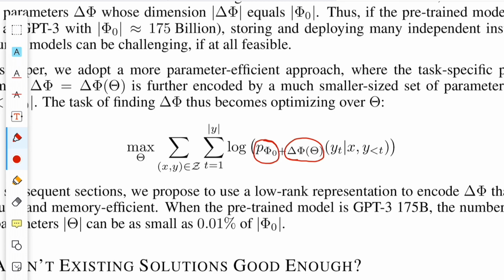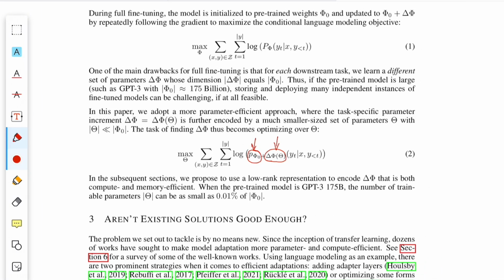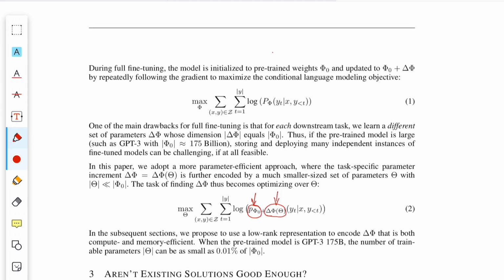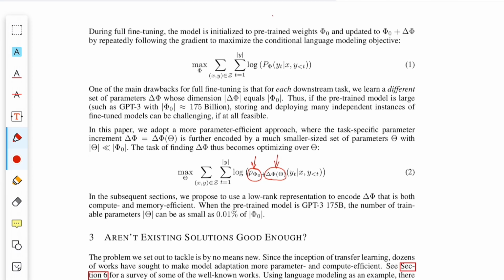They are not updated, like this one. And we add another dense layer. We fine-tune the last layer like this. We update the parameters of the last layer. So it is a very similar method. So from this paper, from now, it seems like there's nothing new.